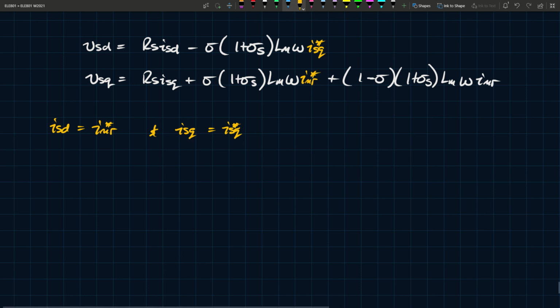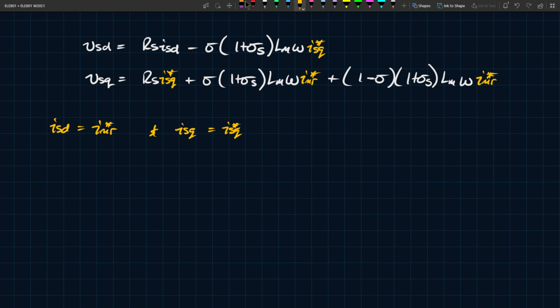And this IMR star should be the reference as well. So assuming perfect tracking and all that kind of stuff, IMR star. And then ISQ here is, of course, also ISQ star. So this is assuming steady state, perfect tracking. We have all the control implemented and everything's working perfectly. This is what we would end up with.